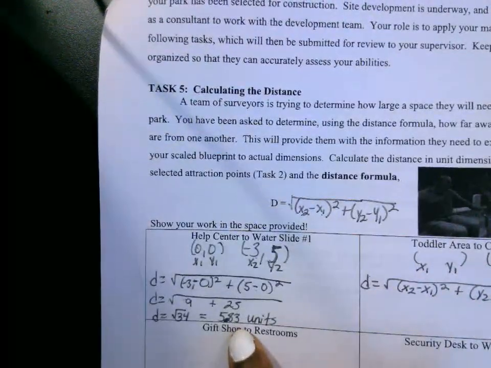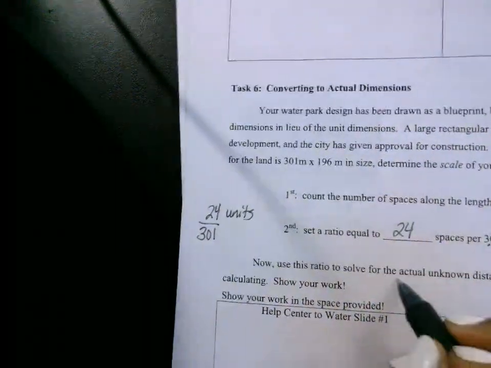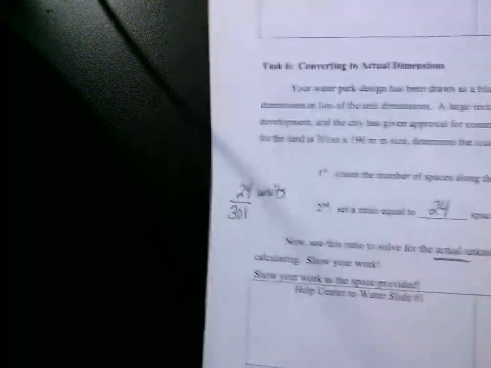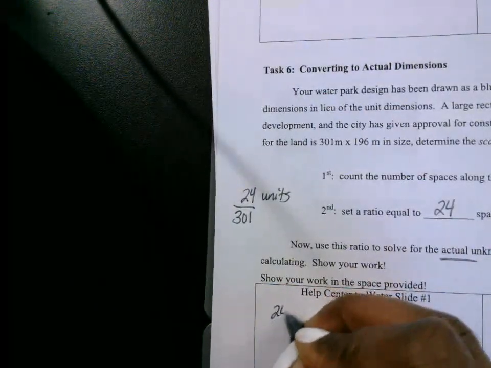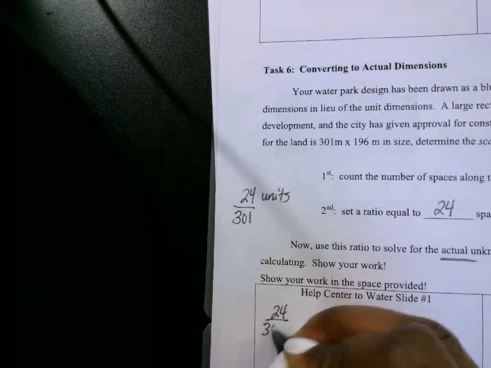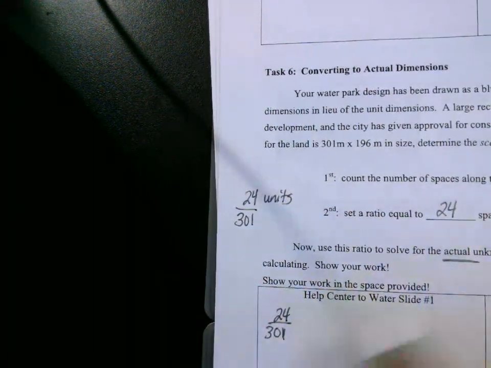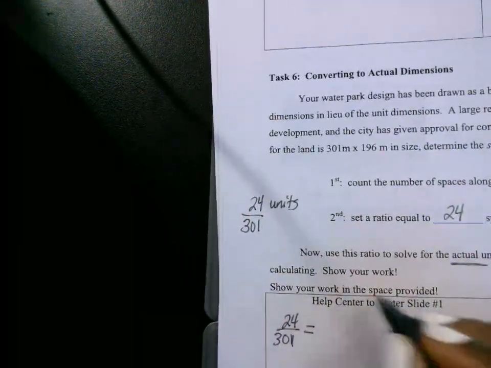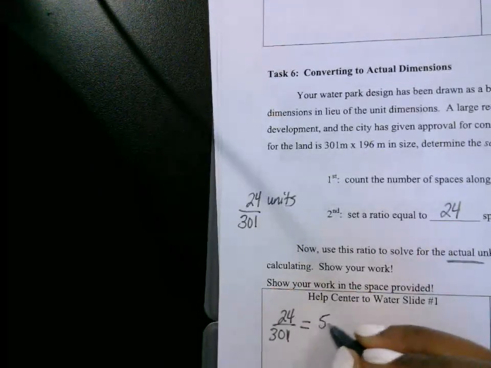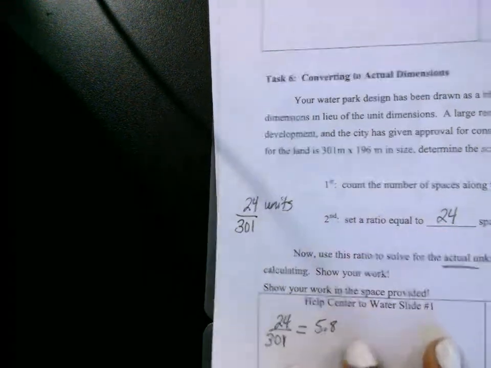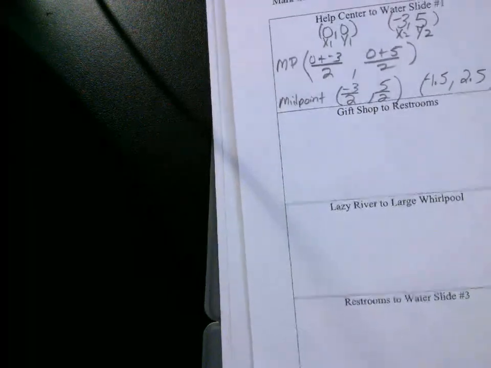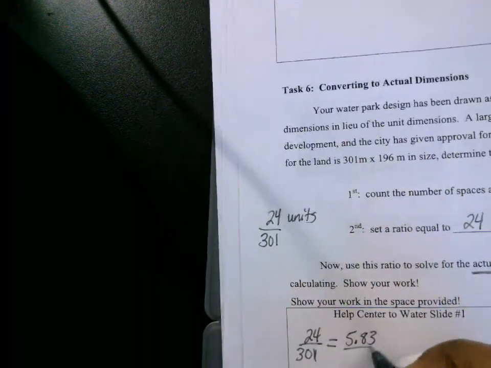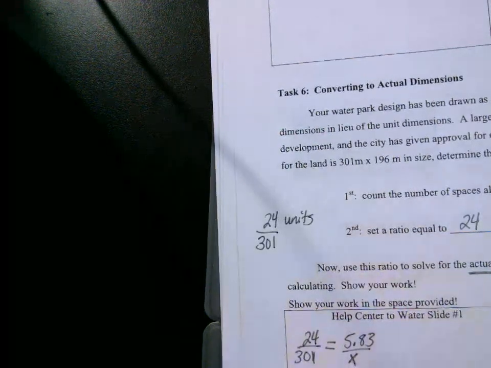To set up the ratio to find the actual amount, we say 24 units over 301 meters is equal to the distance, 5.83 units, on top, and we're trying to find the actual amount.